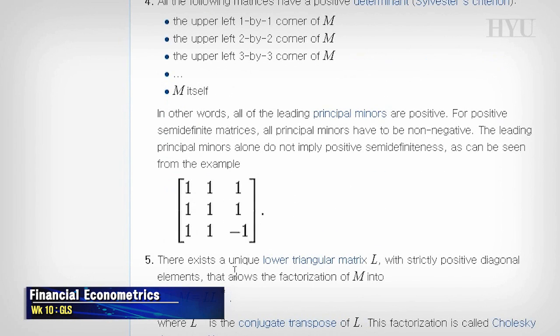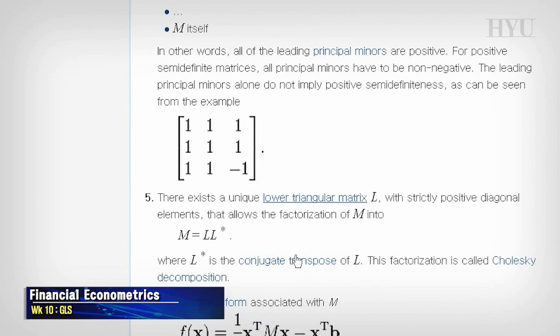And there is a unique lower triangular matrix L. Lower triangular matrix L means this part is some number, but this part is all zero. So if there is a unique lower triangular matrix L such that we can decompose M into L L*, where L* is the conjugate transpose of L, and since we deal with only real-valued matrices, it is just the transpose of L. So if we can decompose M into L L transpose, then it is positive semi-definite.